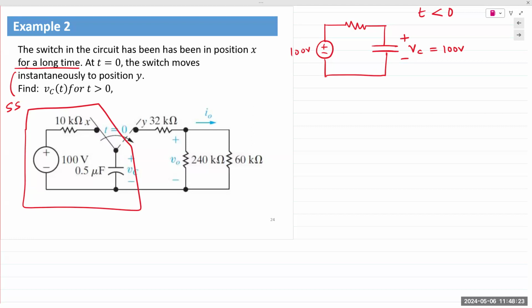Let me know if you have any questions. Does it make sense? Right, it's a fully charged capacitor.